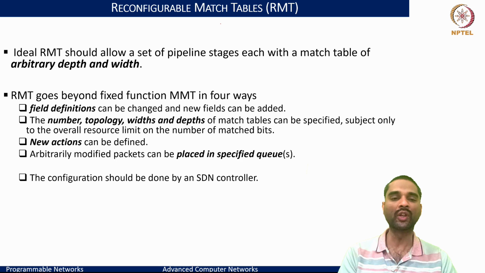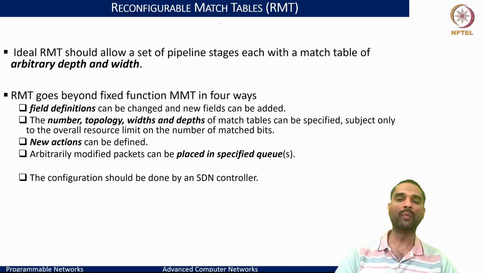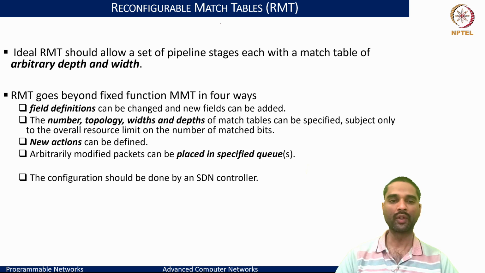Having all tables with the same width would not be a good case, because that would lead to a lot of wastage of resources. So if these parameters could be configured, provided that we are within the resource budgets of the underlying hardware capabilities, then it would enable better utilization and better usage of the resources.